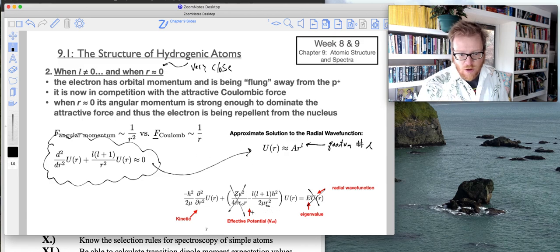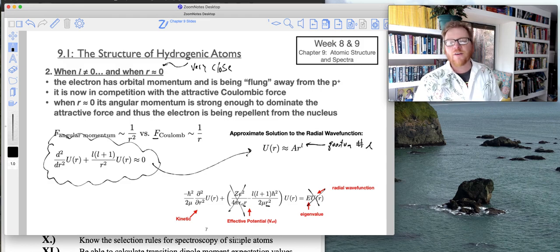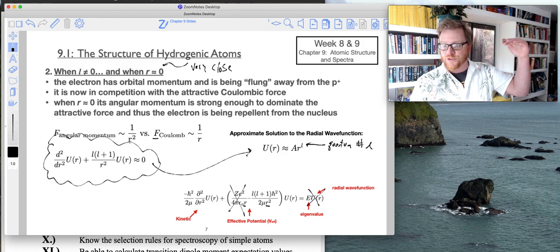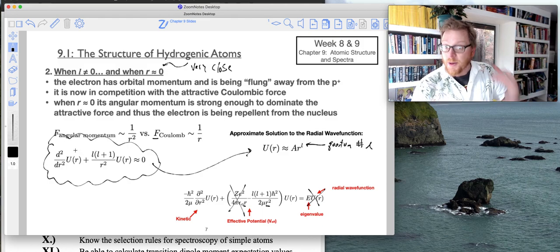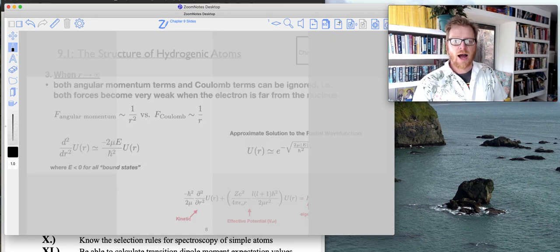There's the r squared, and there's the r. So for a very small r, when you take 1 over a very small number and then square it, that gives you a huge force due to angular momentum, much larger than the force due to Coulomb's law. Okay, so hopefully that makes good sense.